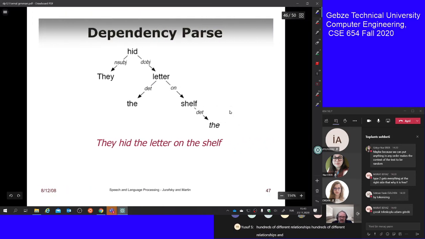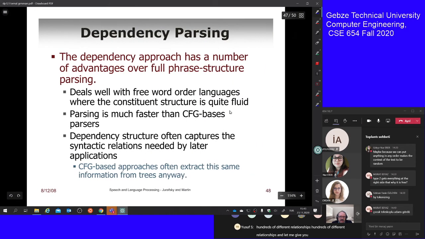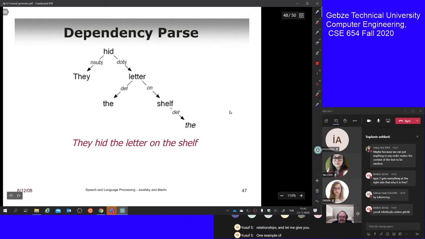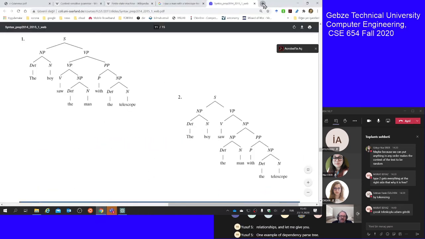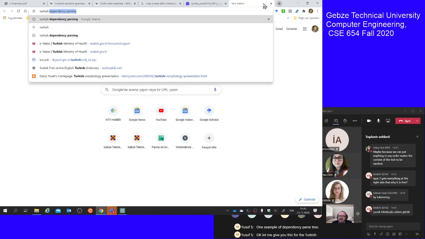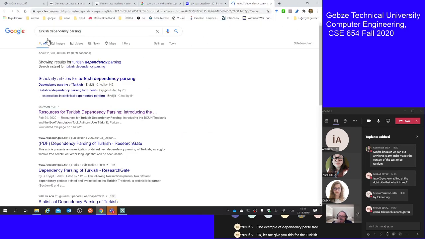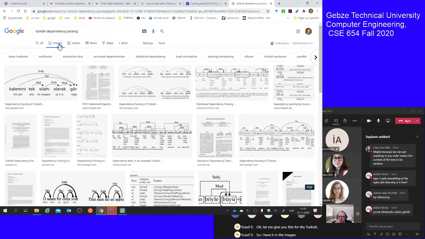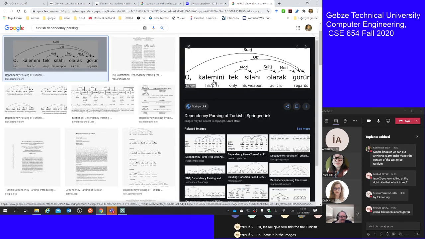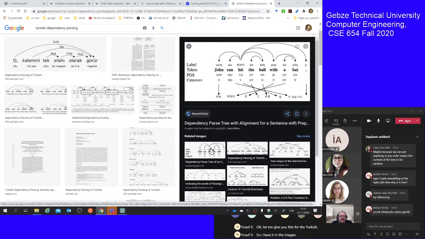Let me give you one example of a dependency parse tree. Let me give it for Turkish. Do I have it in the images? Okay, good.